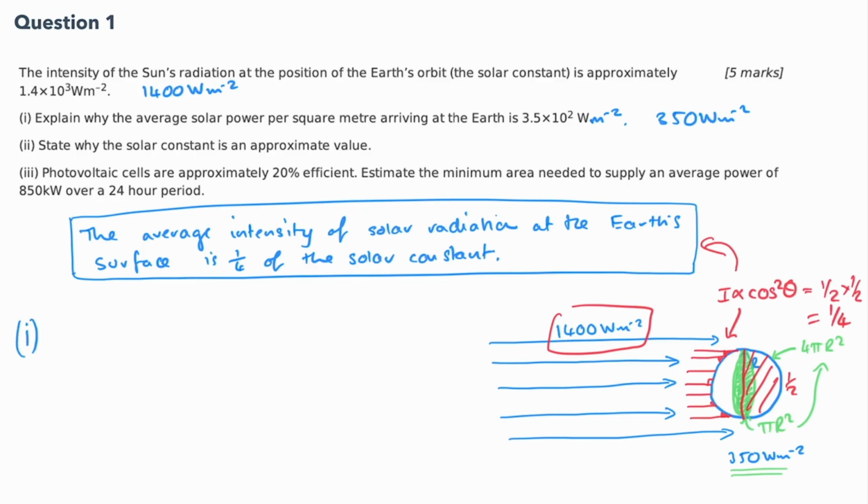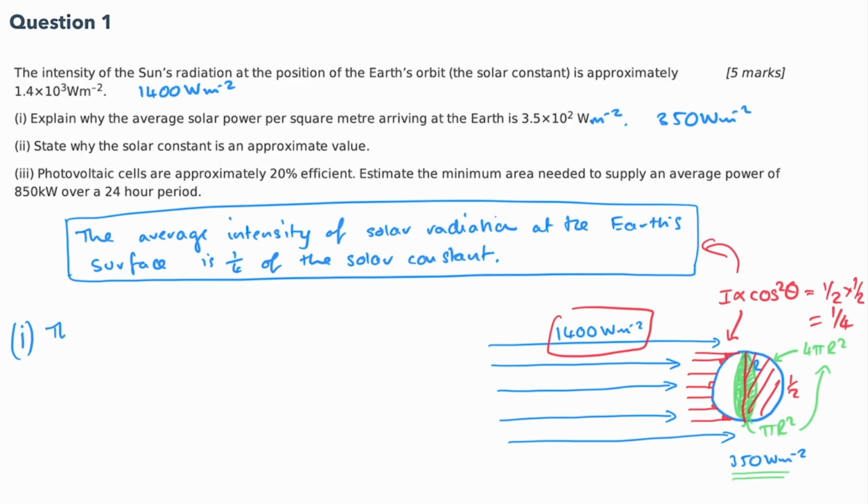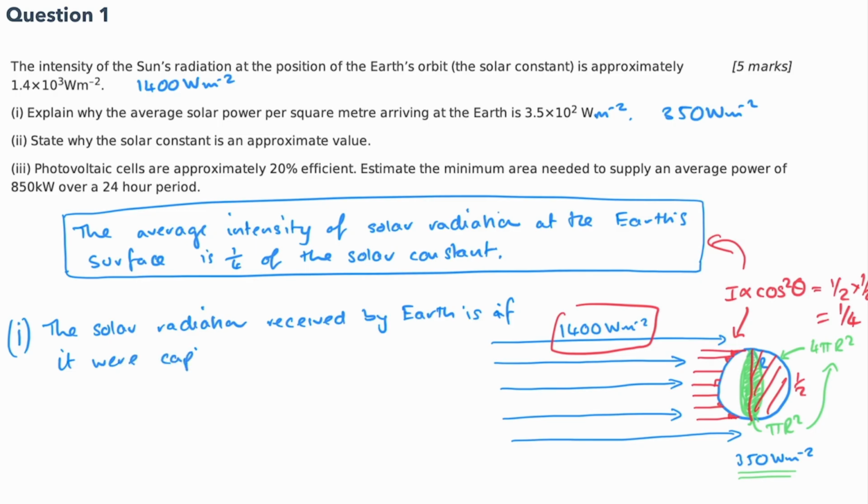So question 1, explain why the average solar power per square metre arriving at the Earth is 350 watts per metre squared, which is a quarter. Okay, the solar radiation received by Earth is as if it were captured by a disk with the same radius as the Earth, and the area is pi r squared.